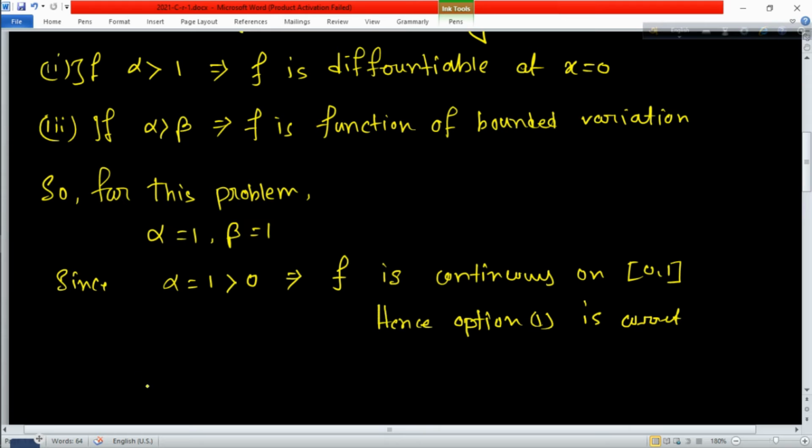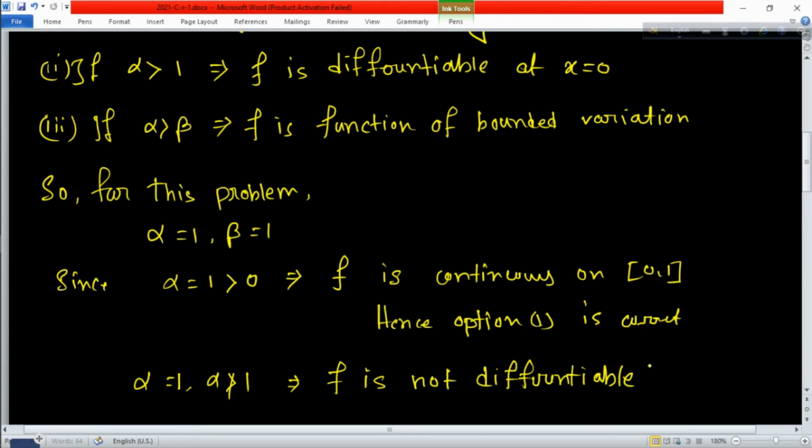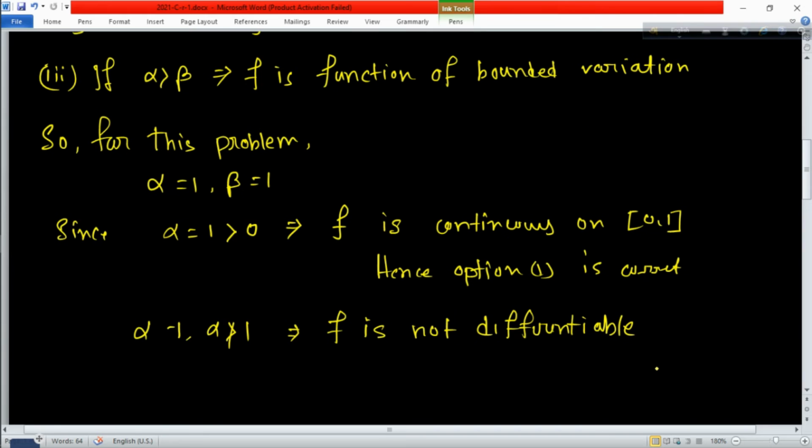Next, alpha equals to 1, so alpha is not greater than 1. So this implies f is not differentiable at x equals to 0.